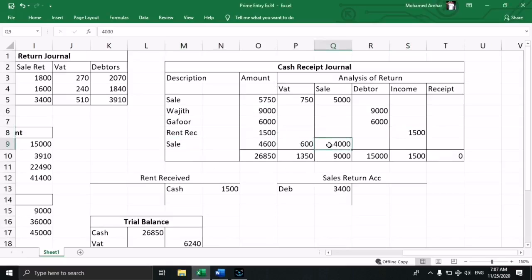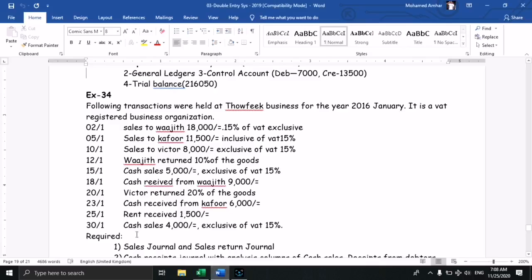No? So 15% is 600 VAT. So the total amount is 4,600. Right. Now we have finished all the transaction recording in the prime entry books.